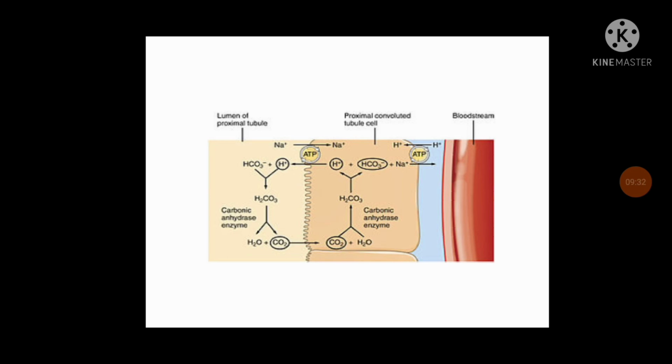Here also, in the distal convoluted tubule, the active secretion of H plus ion helps in the reabsorption of bicarbonate, and thus this part is very important for acid base balance. Whenever H plus ion increases in the bloodstream, the H plus ions are actively secreted.